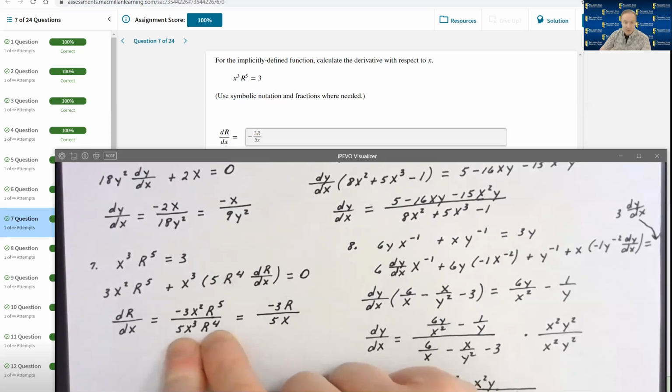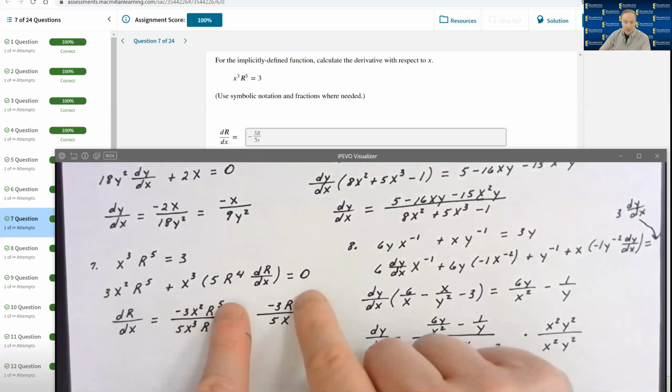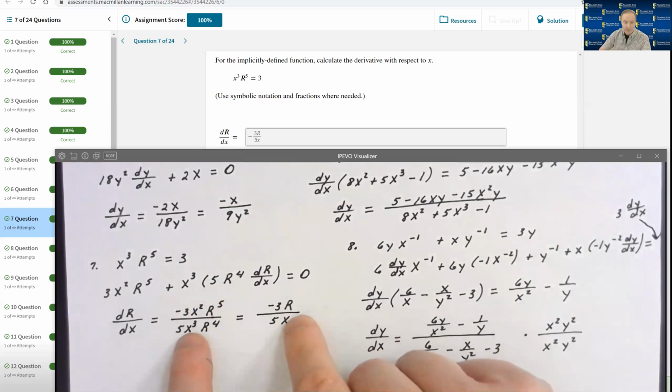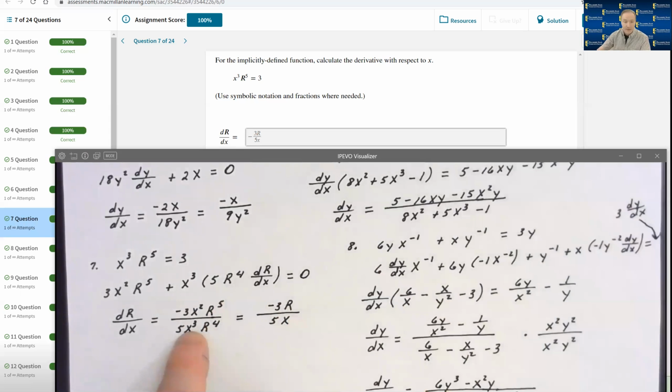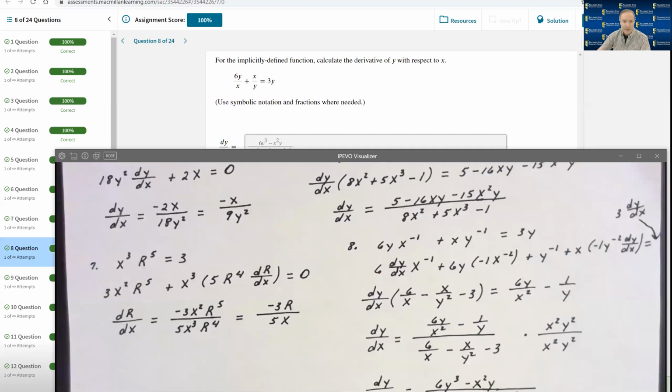And then I just reduced that down. It reduced down to negative 3 over 5, and then you had 1 power of r left in the numerator, 1 power of x left in the denominator, and you'll see that's precisely what I entered in, negative 3r over 5x, excellent.